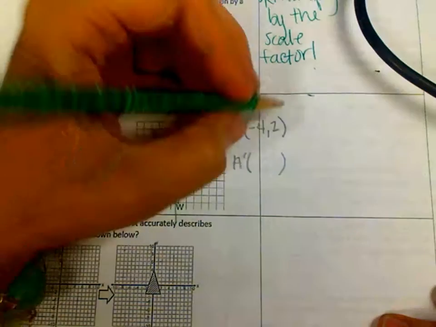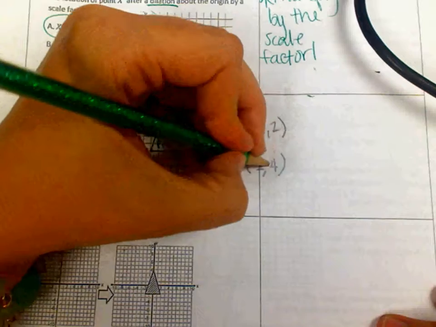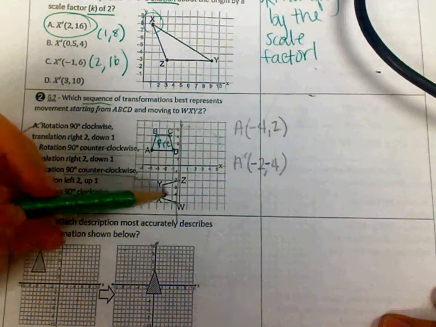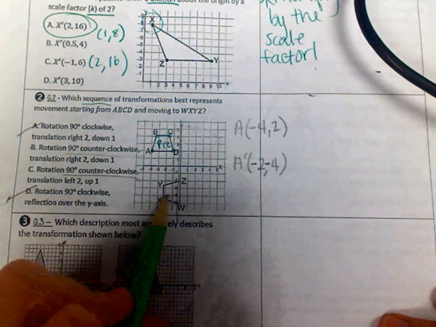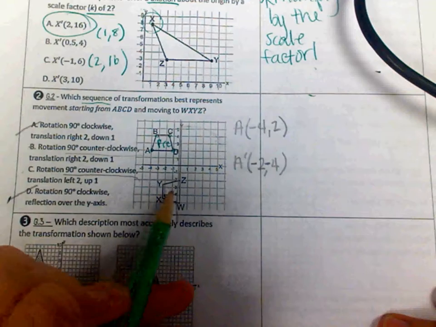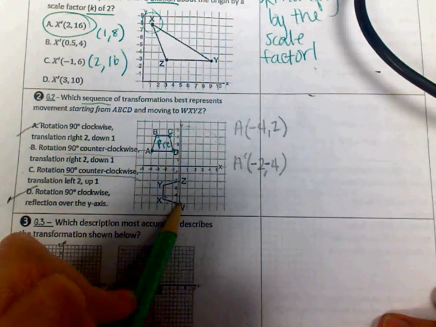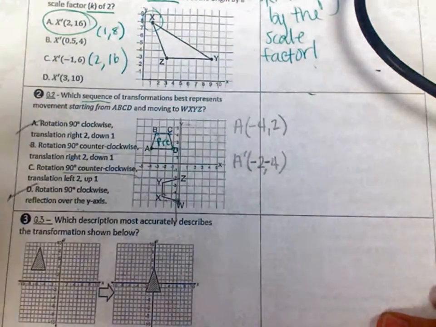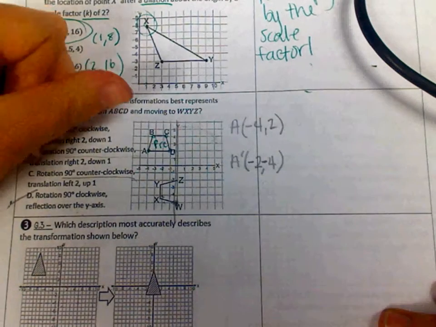So -4, +2 will become -2, -4. Okay, so that's here. And then B says a translation right 2 and down 1, which takes us to a point on this trapezoid. So it looks like that is the correct answer, B.